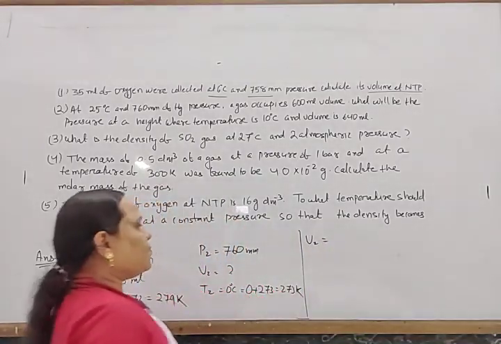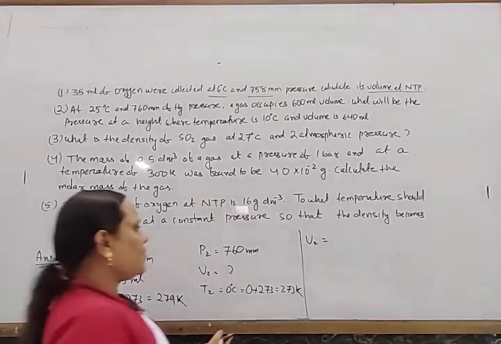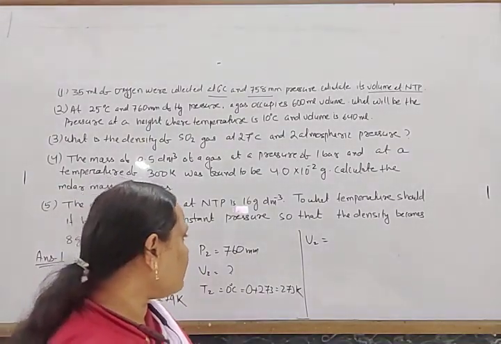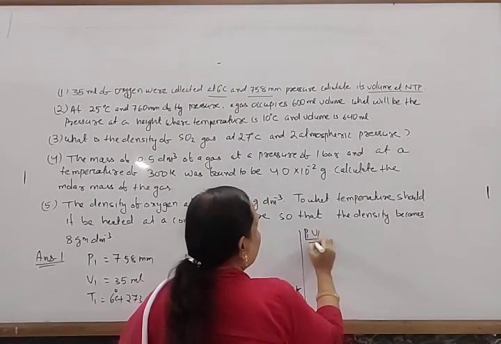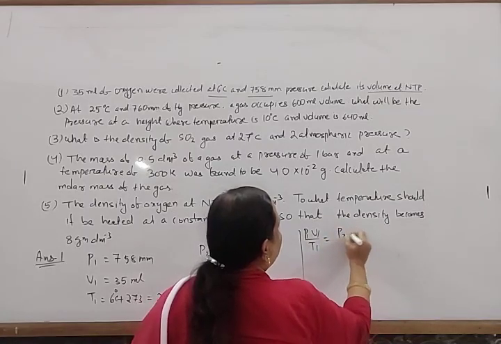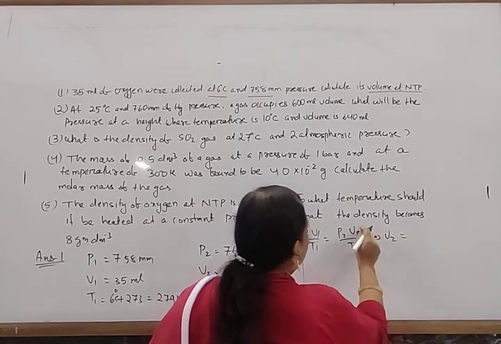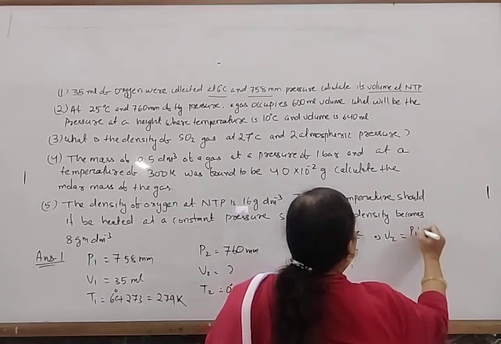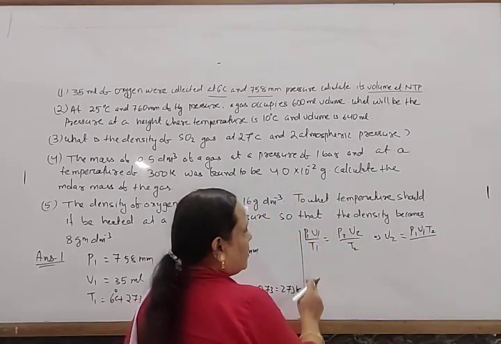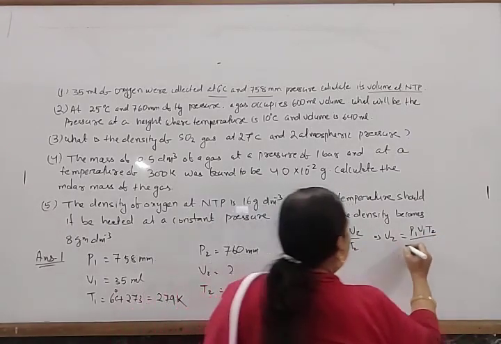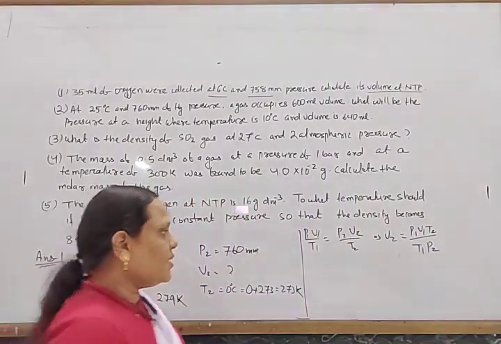We know P1 V1 by T1 equals P2 V2 by T2. This implies that V2 equals P1 V1 T2 divided by T1 and P2.